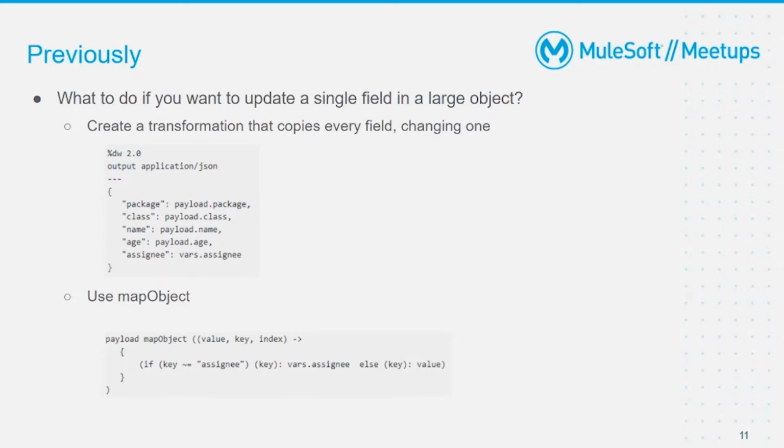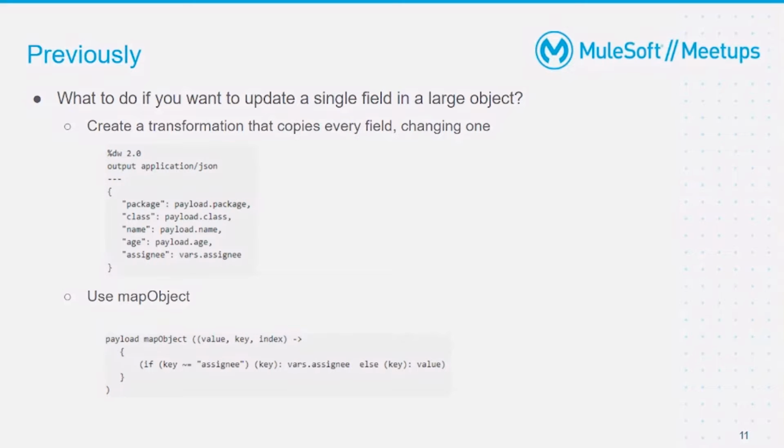The problem in DataWeave is because it's a functional language, the output of whatever piece of code you need to write isn't the entirety of it. You don't have this sort of external object that you can go and edit. You need your output to be the entire thing. And because you need your output to be the entire thing, you need to use one of these sort of transformations where you copy everything over, or a map object where you search for the key.